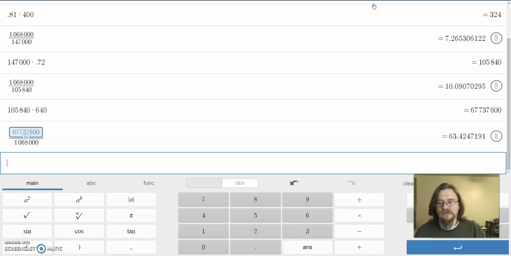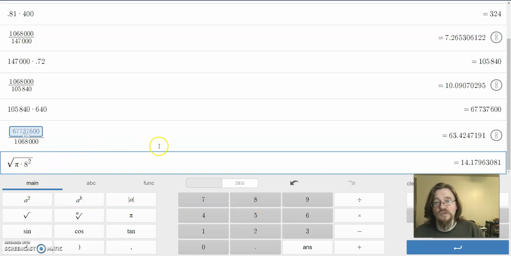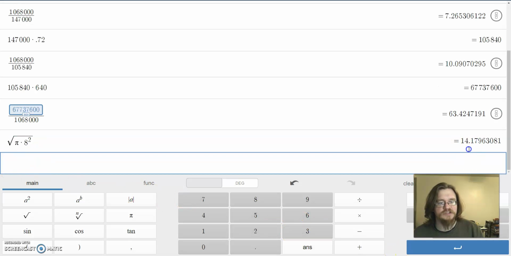So let's come back over to Desmos, and what I can do is I can hit the square root button, and I want the square root of pi times 8 squared. And we want to make sure that we're taking the square root of everything in here. So it's pi times 8 squared, and we're taking the square root of the whole thing, which we get is 14.179, so on and so forth.